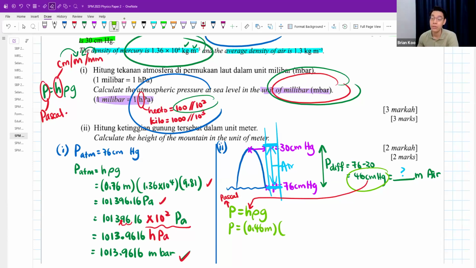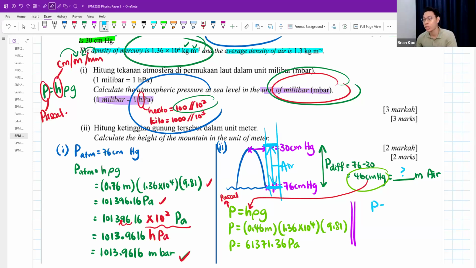This is mercury, so you use the density of mercury, 1.36, and the g value 9.81. Multiply and you will get 61371.36 Pascal.